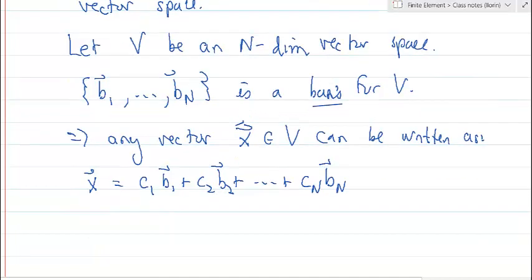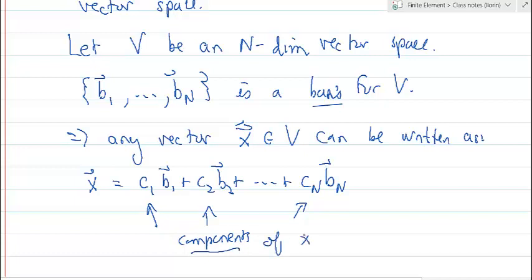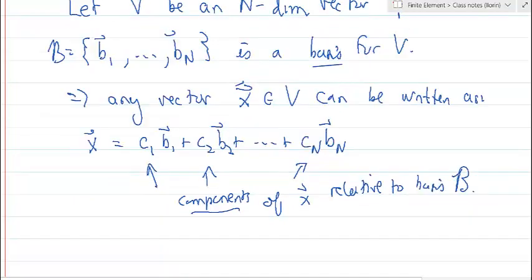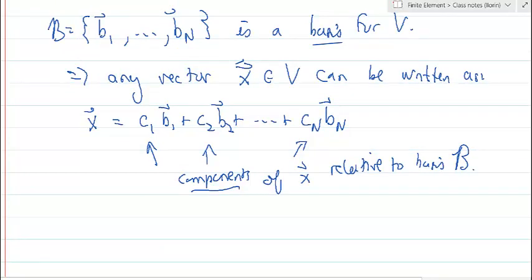Now these c's here, the c1, c2, and so on, these are the components of x relative to basis B. So I'll call this basis B like this. So this exercise 1.5 has to do with finding the components of x relative to a basis B.